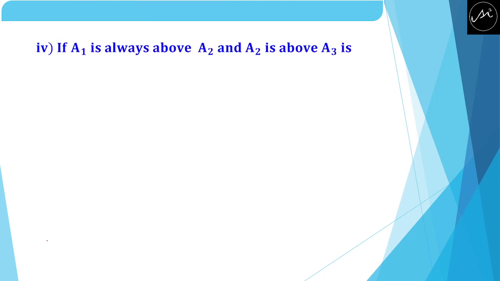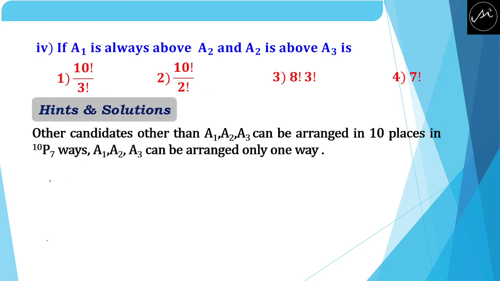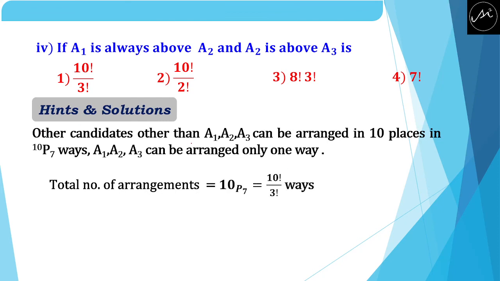A1 is always above A2 and A2 is above A3. For that you just see, other candidates than A1, A2, A3 can be arranged in 10 places. So 3 are not considered, and the remaining are 7.